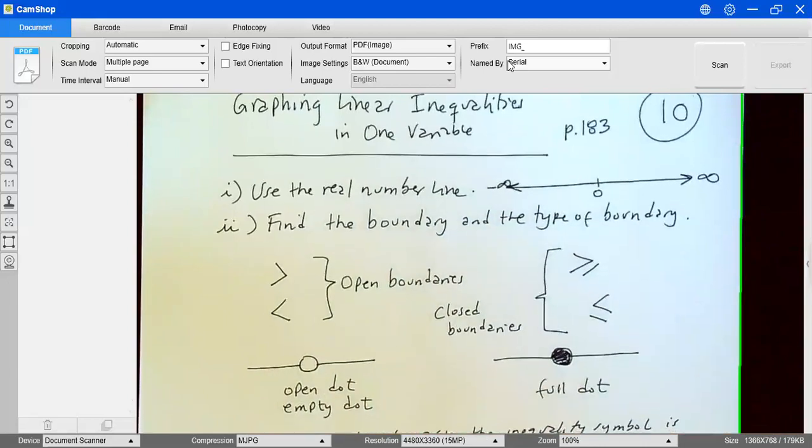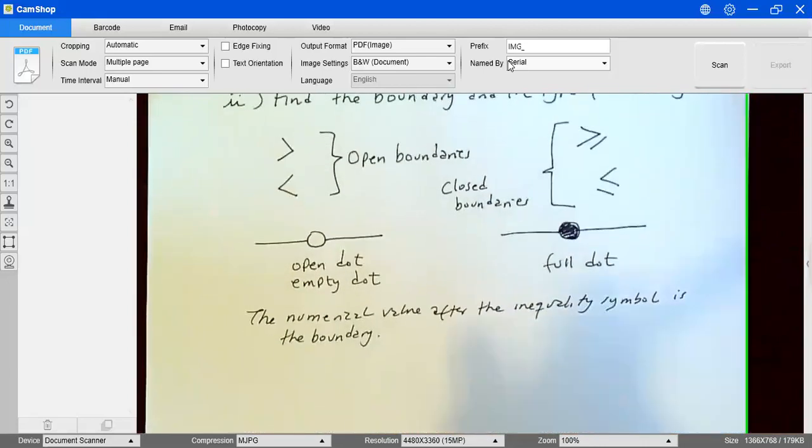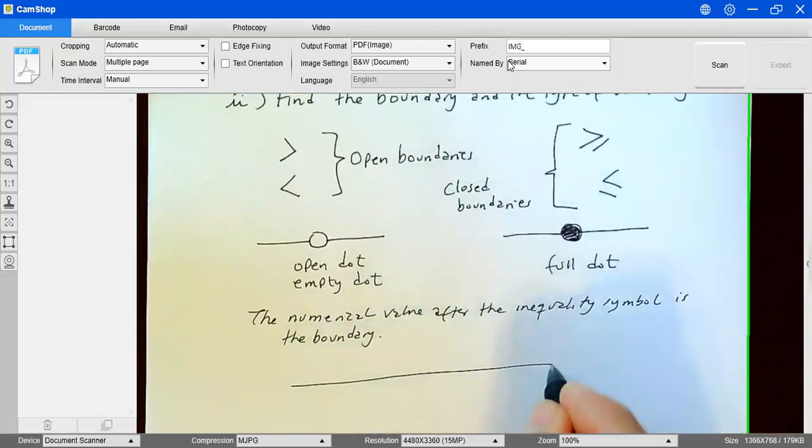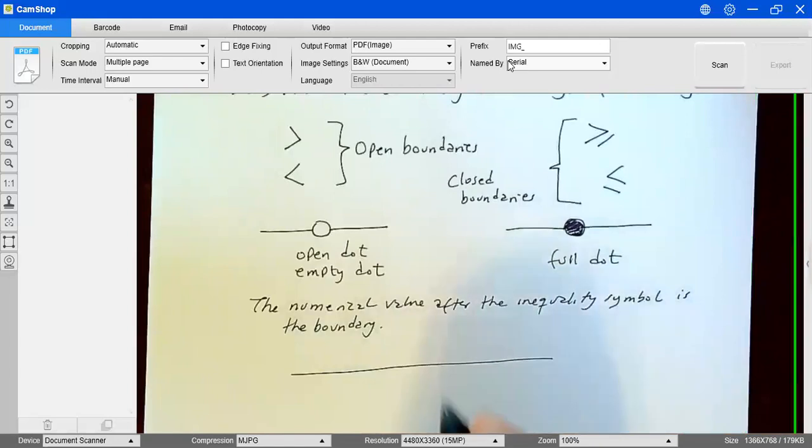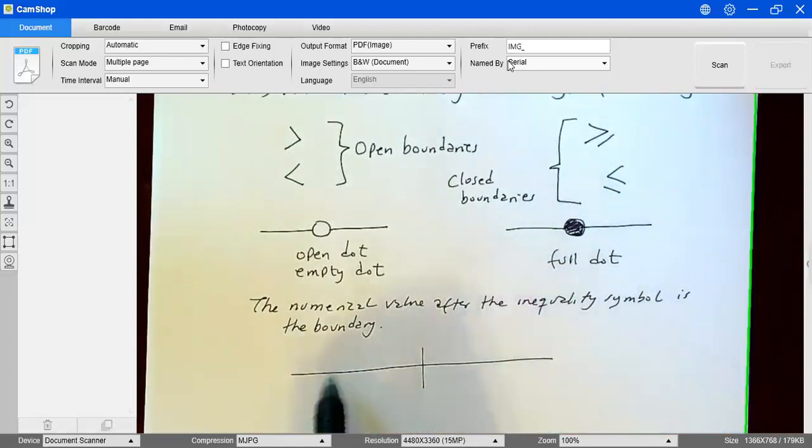Most of the time, when you are graphing a solution, you're going to divide the line in two parts, or many other parts, but usually in two parts. One part is going to be the solution and the other part is not going to be the solution. The line dividing those two parts is the boundary.